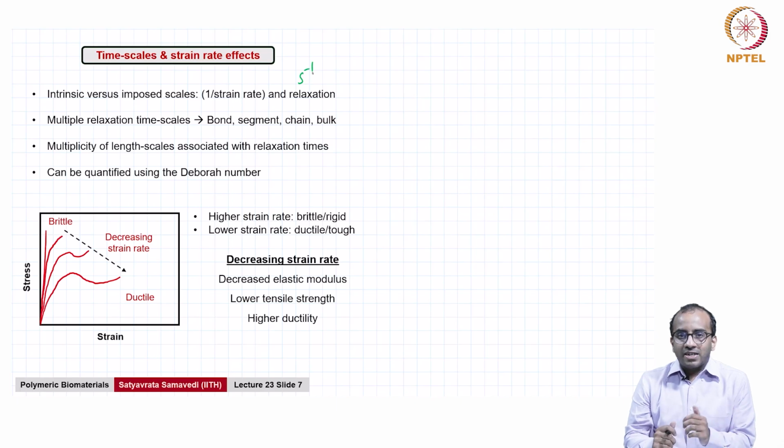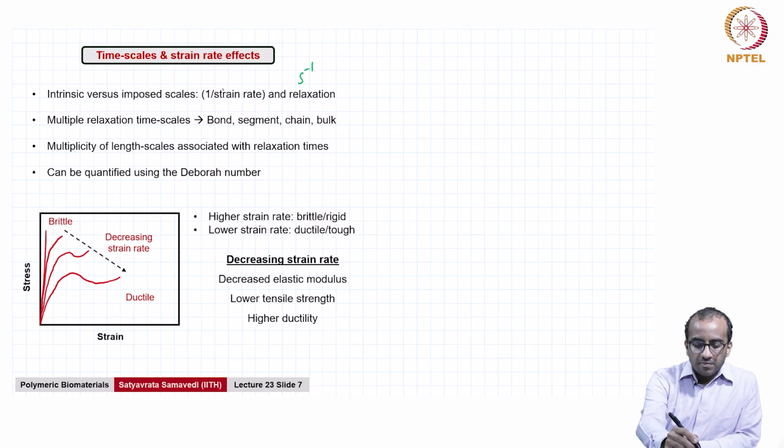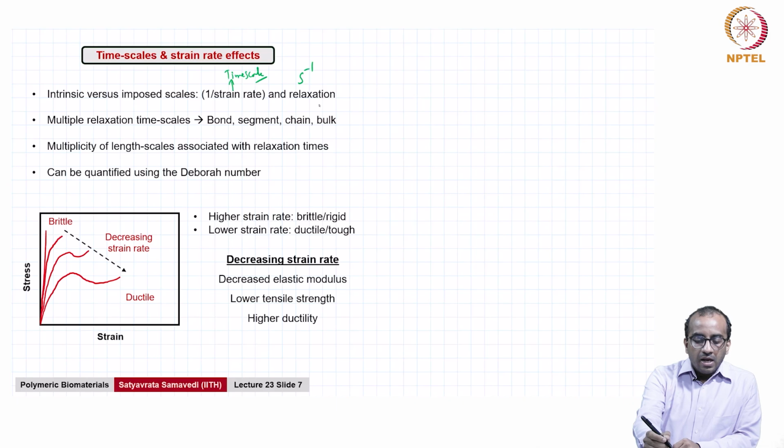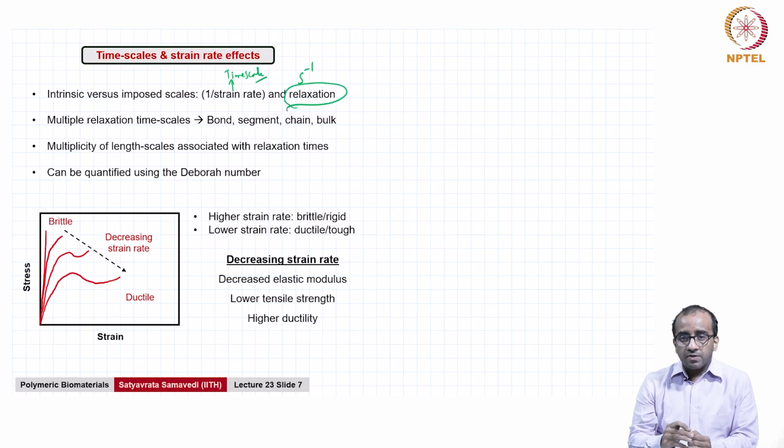So, 1 over strain rate will give you a time scale. That is the time scale over which you are testing the material or you are deforming the material, and there is also a time scale associated with molecular mechanisms, for example, in terms of relaxation, right.